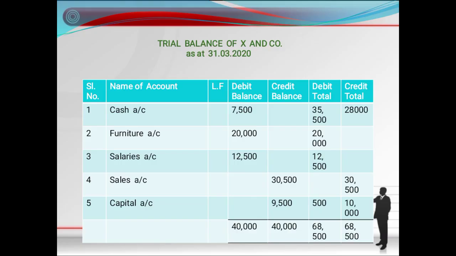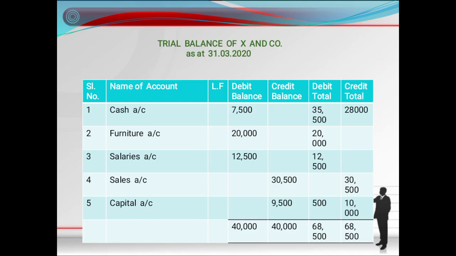I give you one example of how to prepare a trial balance under the total and balance method. This is the format for this. I told you there are 7 columns. You write the serial number, head of the account, name of the account, then ledger folio, debit balance, credit balance, debit total and credit total.